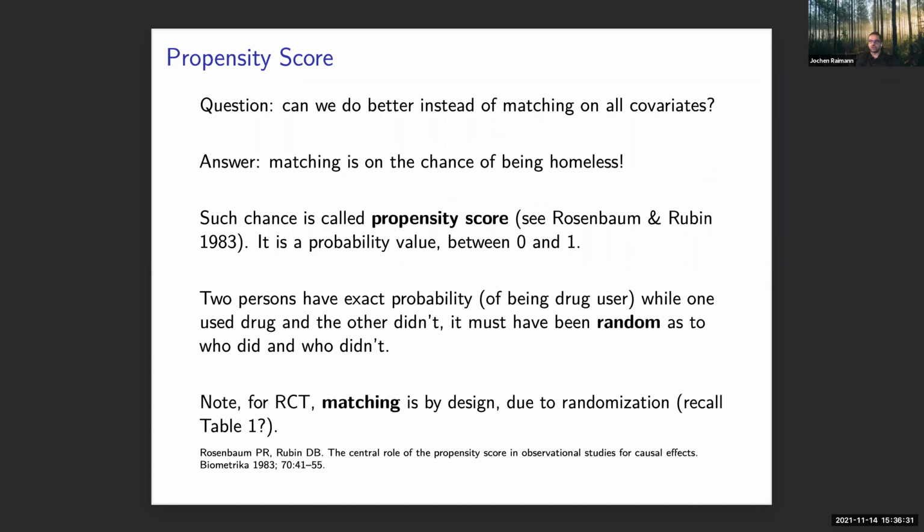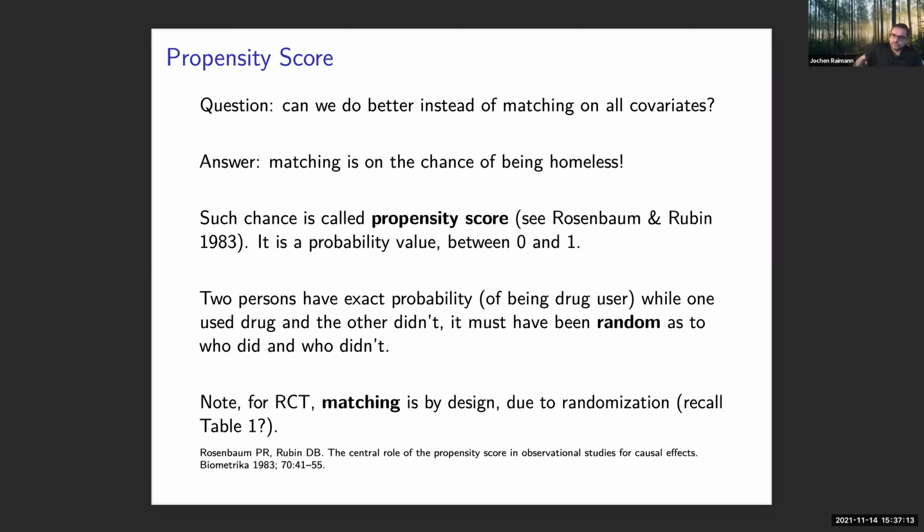So we could match on all covariates. Then we get a smaller sample that is homeless, and from a large pool of non-homeless people we get a subset, and they may be balanced, and it's a lot of manual work, right? Well, it's not manual, but nevertheless it's still not going to be balanced. What you can do, and this is the intriguing aspect of it, with the propensity score you get balanced weights between the covariates, and you quantify the probability of being homeless based on the background covariates that you have at hand.